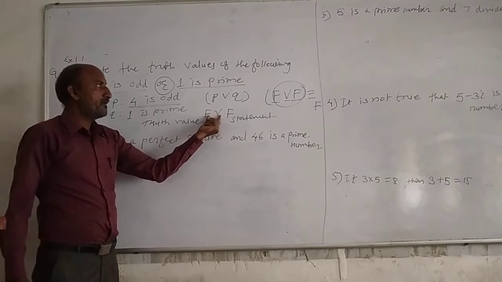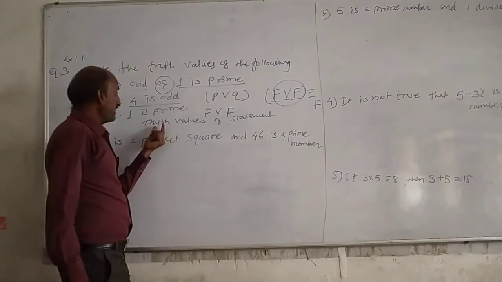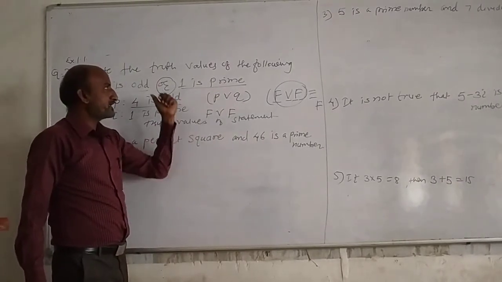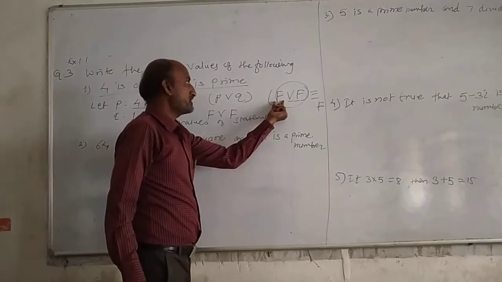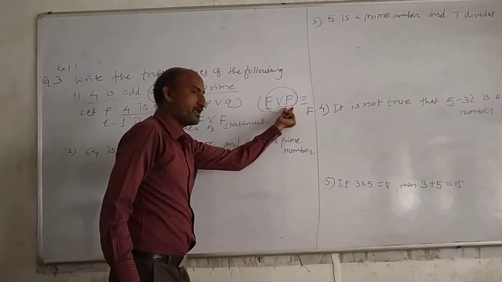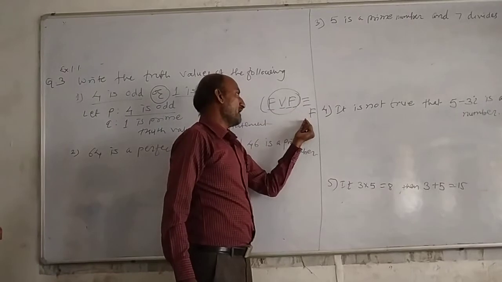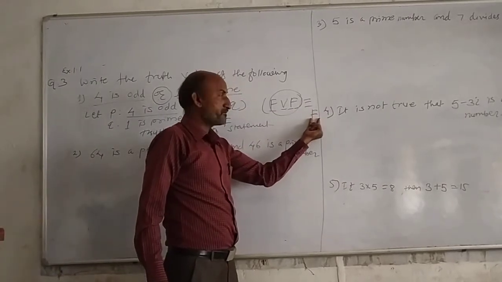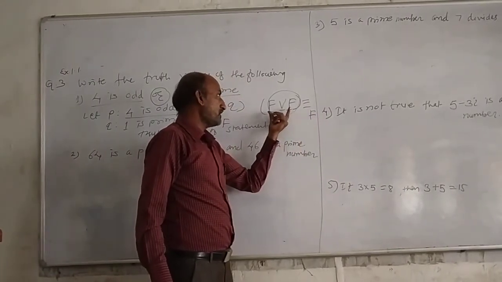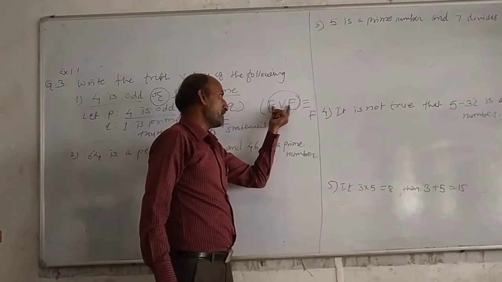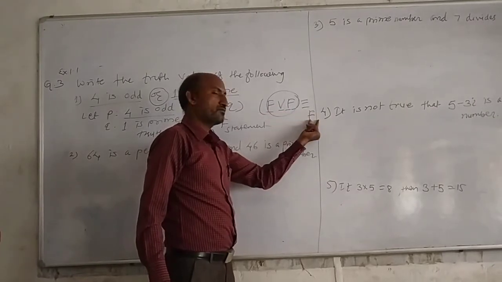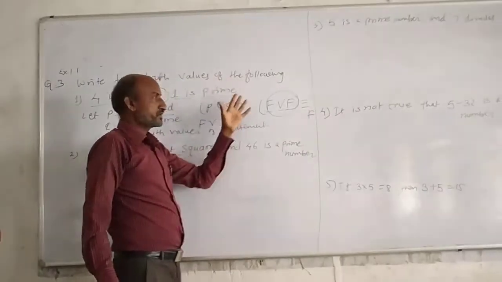Then the truth value of the given statement: false or false is equivalent to false, because the rule of OR is that when both statements are false, it is false; the remaining cases are true.